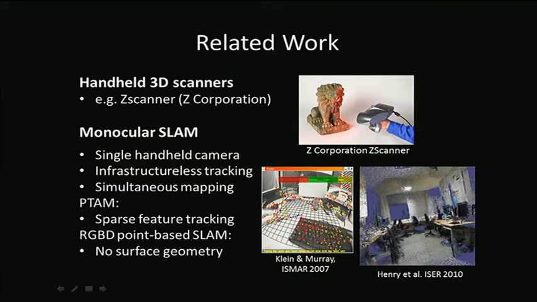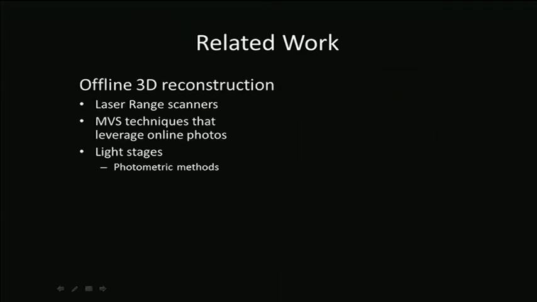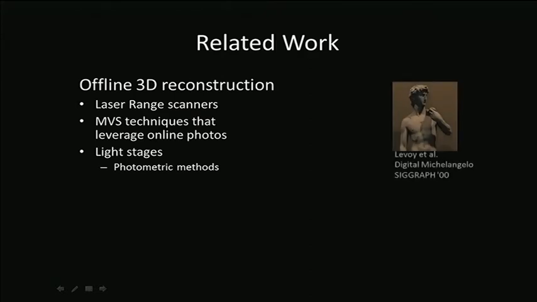The system tracks these features and creates a really sparse point cloud of the scene and uses these to track the camera within an environment. But these works focus on the tracking aspect of the camera or the robot, so they don't really create the compelling results we've just seen.